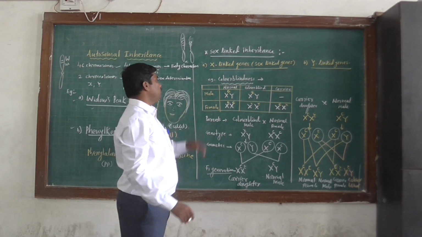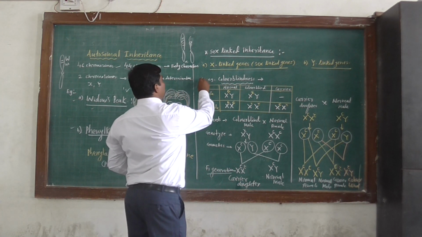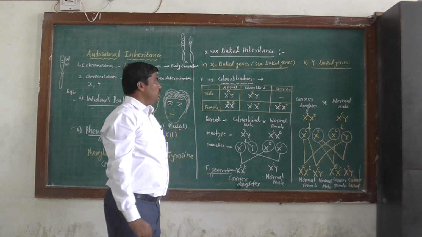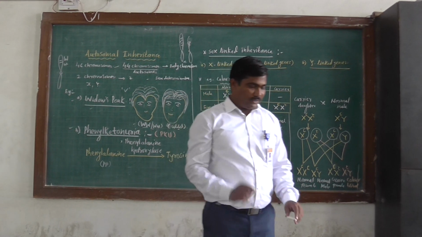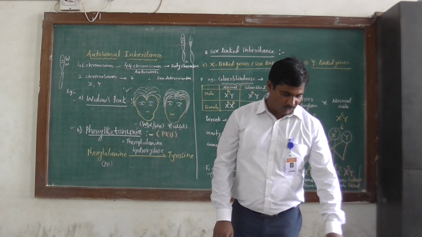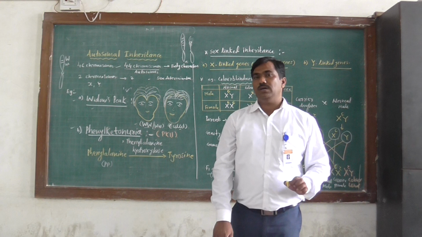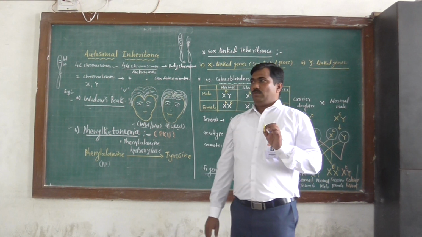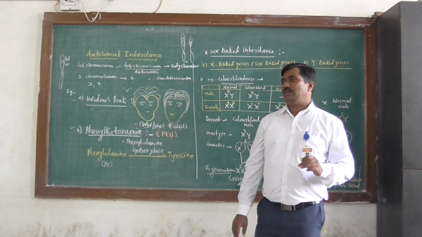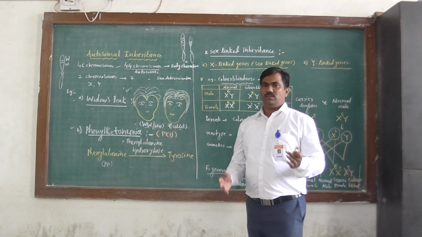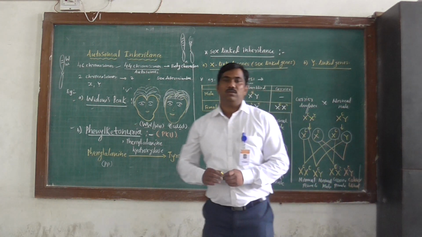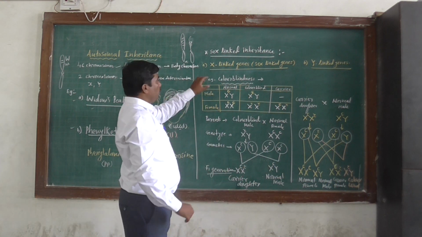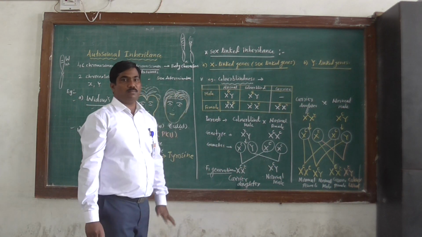We learn one disorder here, that is color blindness. Color blindness is an X-linked recessive disorder. It is caused due to the recessive X-linked gene present on the X chromosome. What exactly is color blindness?